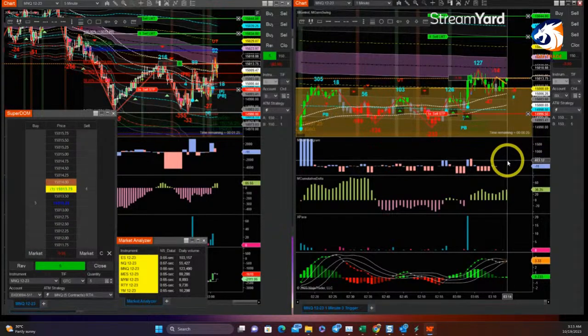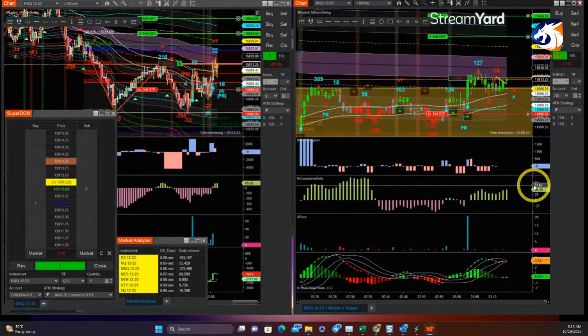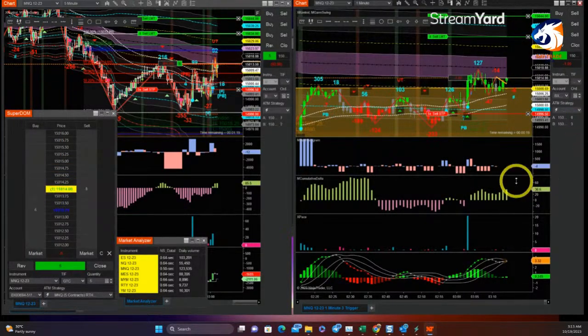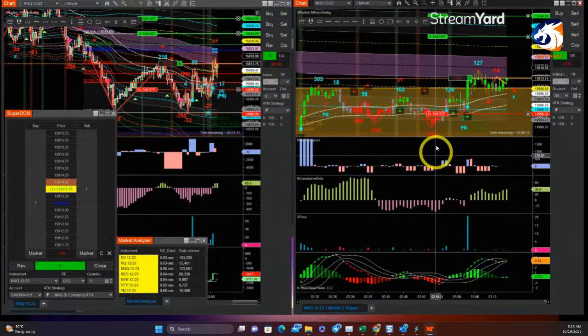Accumulated, which one? You're talking about the cumulative delta or going through accumulation right now? Yeah, this is probably going through the accumulation phase.